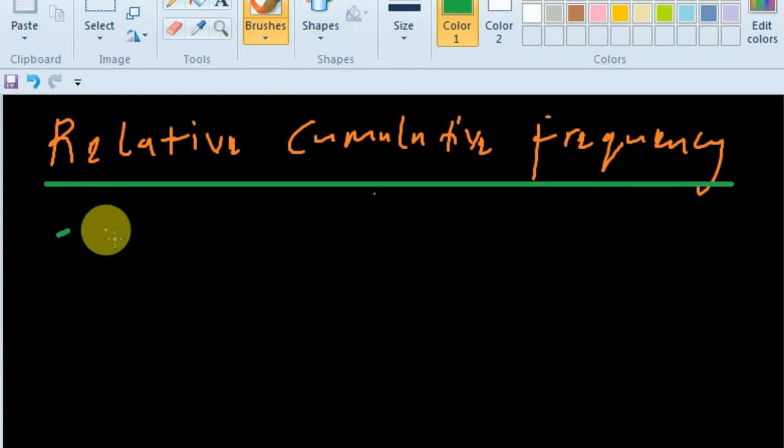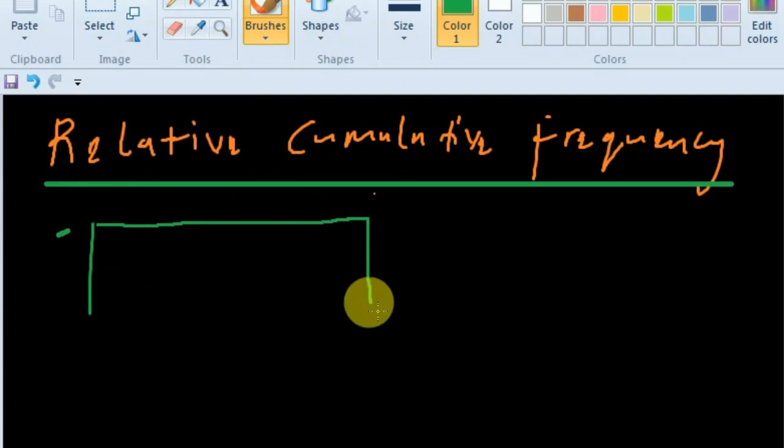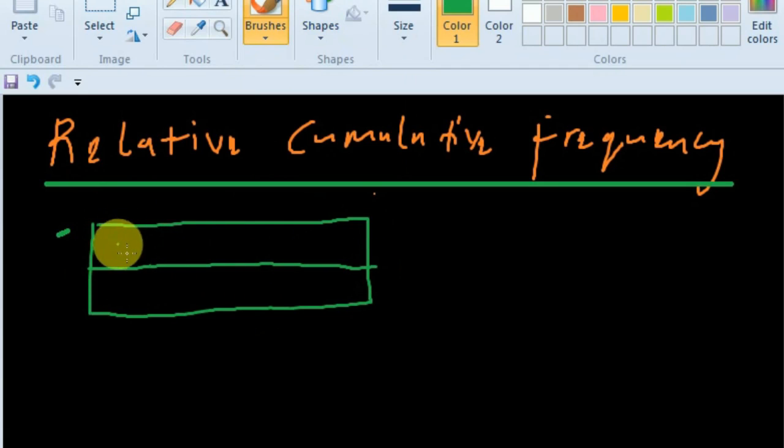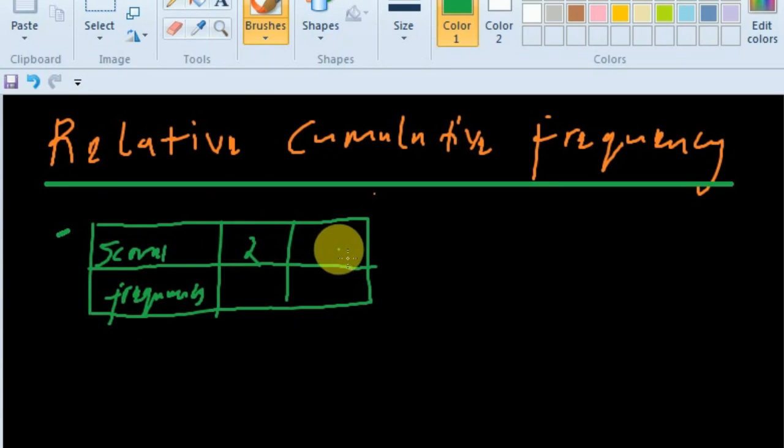For example, if you have data in this form, if these are the scores, then you have the frequency here. If we only have two scores, I have 2, I also have 3, then the frequencies 1 and 5. From this I've been told to calculate the cumulative frequency. First I'll copy it.